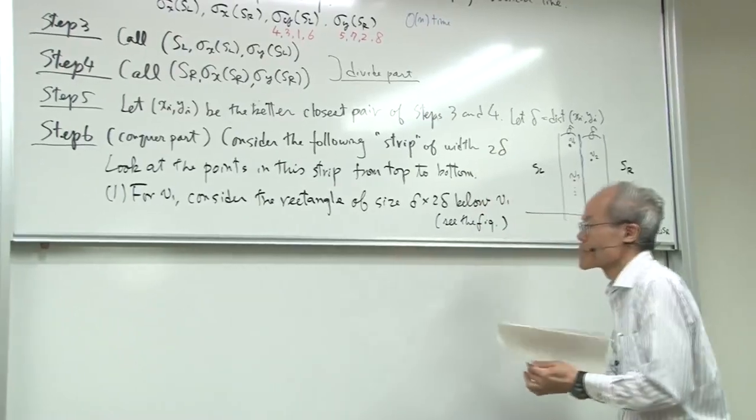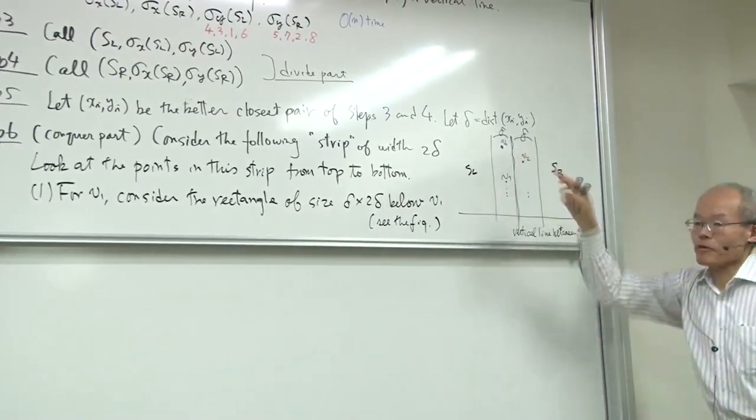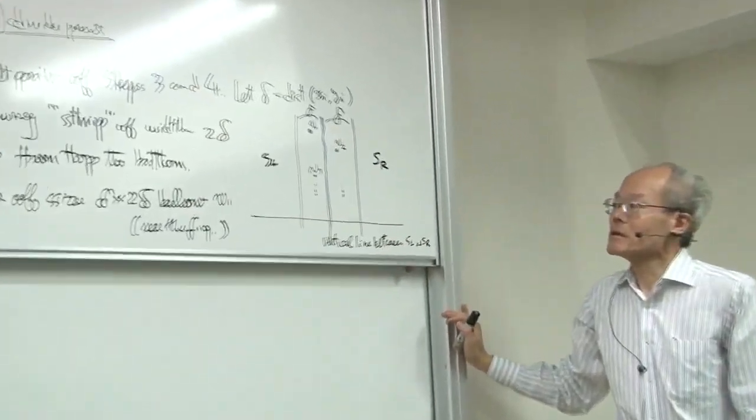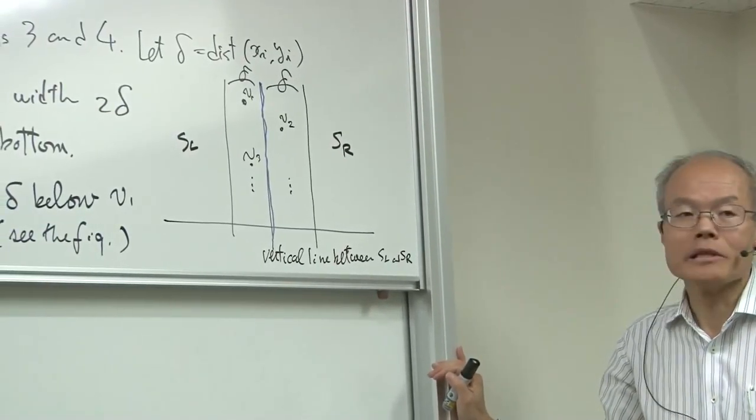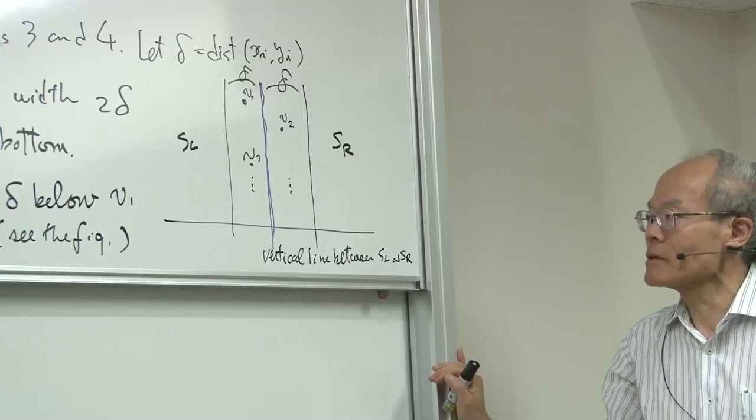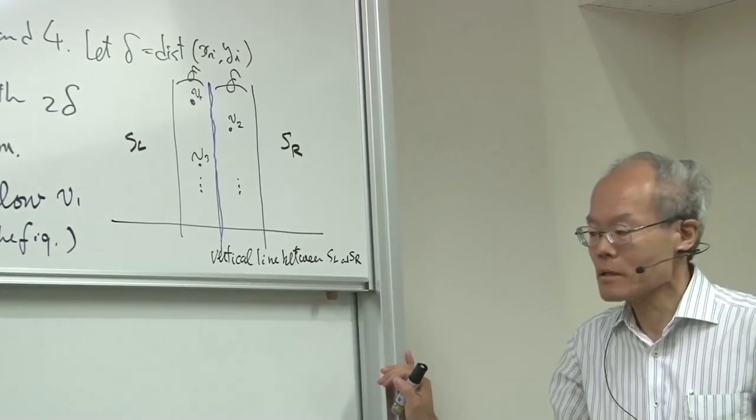For the first point, V1, we look at the rectangle of size delta by 2 delta below V1.